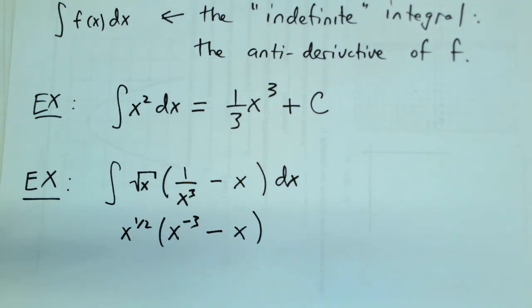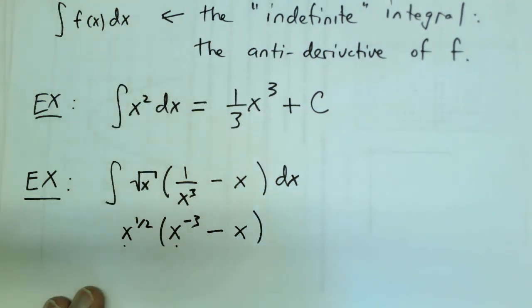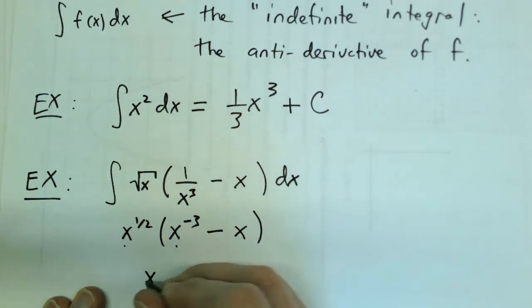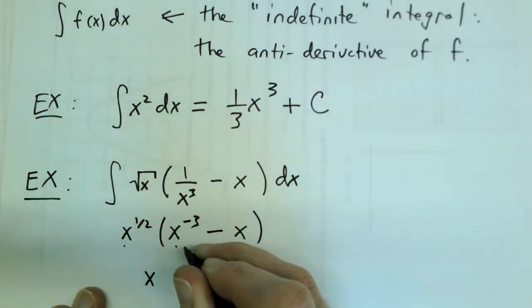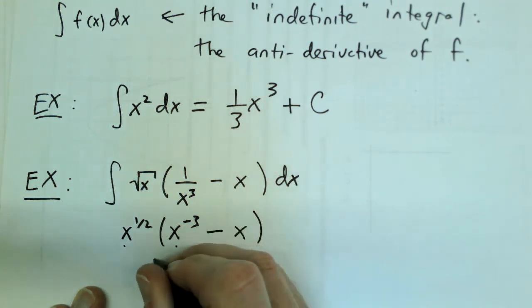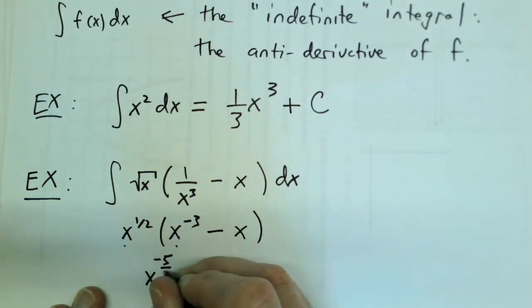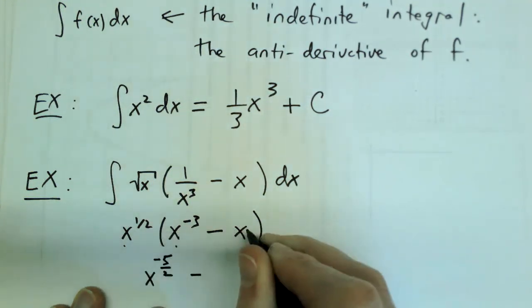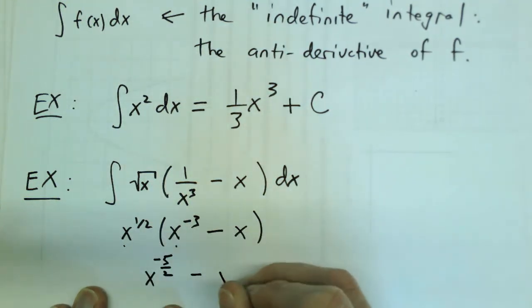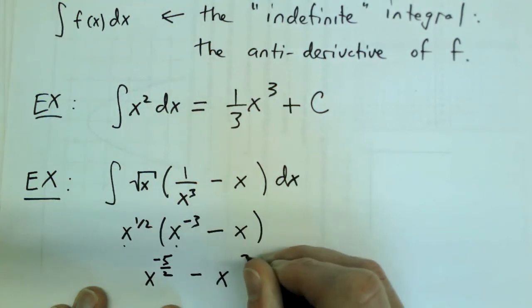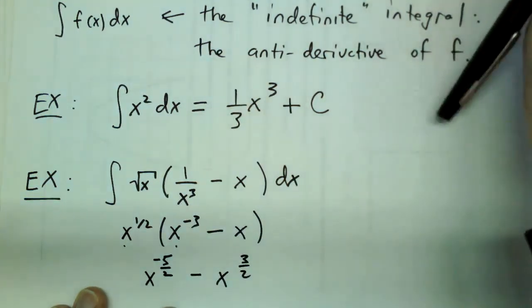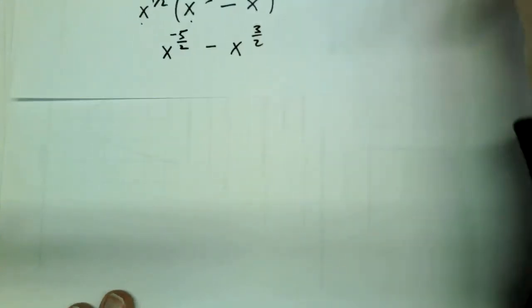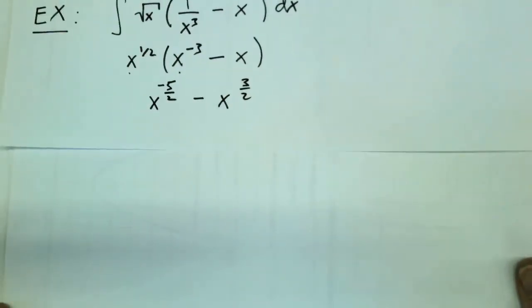You have to distribute the x to the 1/2. So x to the 1/2 times x to the -3, that's x to the, I think, -5/2. Is that right? When you add those two exponents. And then x to the 1/2 times x to the 1, that's x to the 3/2. Is that okay?